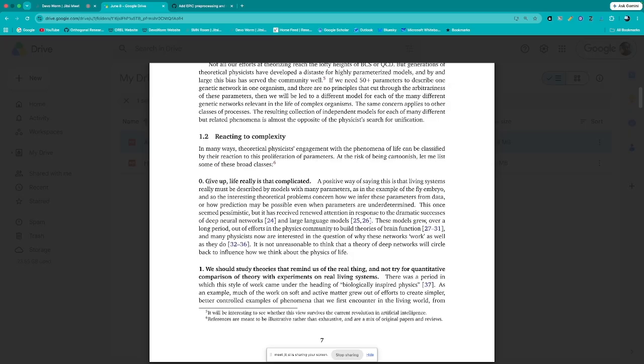So that's good. Then he says here, it is not unreasonable to think that a theory of deep networks will circle back to influence how we think about the physics of life. This is a nice statement because it thinks about the work that's been going on in the other direction, in the direction of theory about artificial intelligence or about information processing in deep networks.